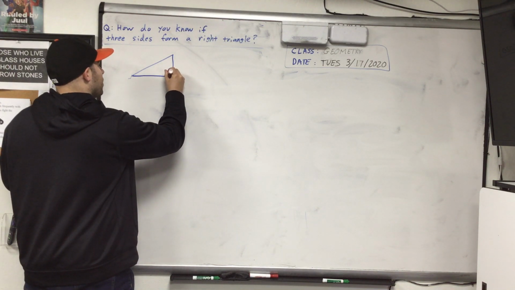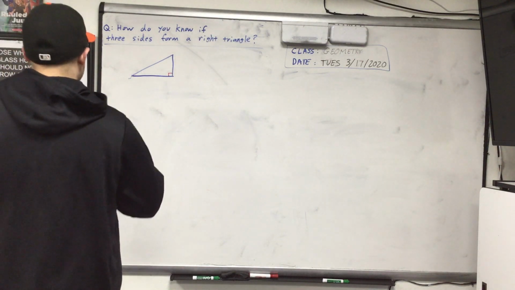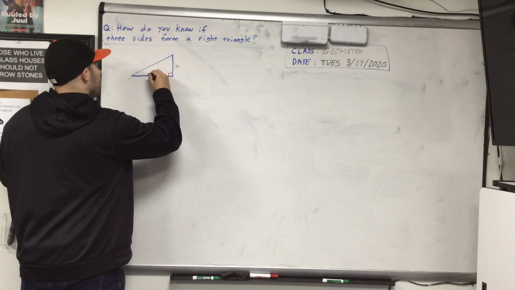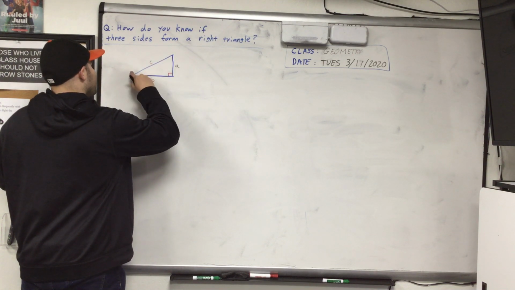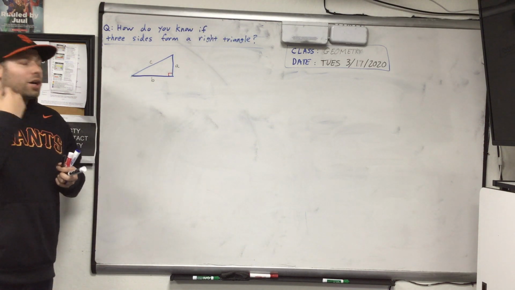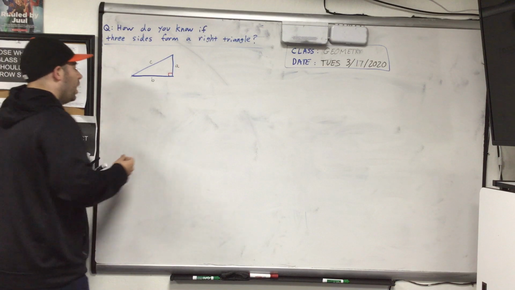Give that a box. That looks like a right triangle. And I'm going to call these side lengths A, B, and C. Okay? I'm going to call them letters for now, but let's clarify some vocabulary.